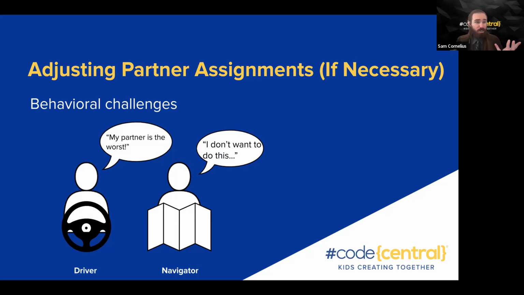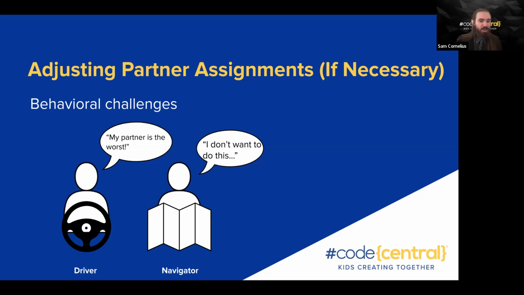Maybe it's something where the students are just not feeling very comfortable. Whatever the case is, if you're noticing behavioral challenges, you don't want to put either student at risk. So that's another instance of rearranging your partner assignments to make sure that your students are as comfortable as possible. If they're not comfortable with their partners, they're not going to have a valuable learning experience, and we don't want that. We want them to have fun.